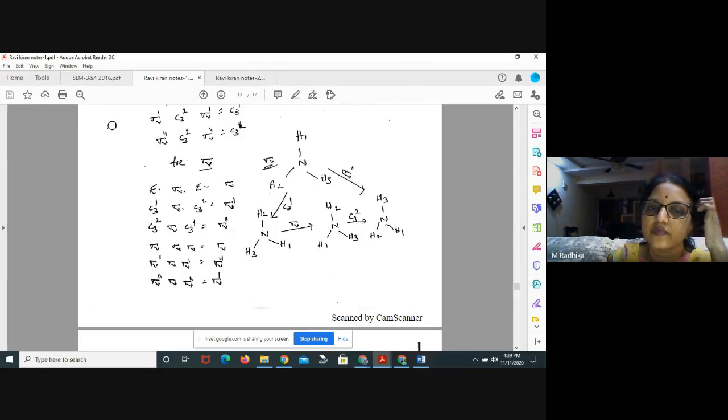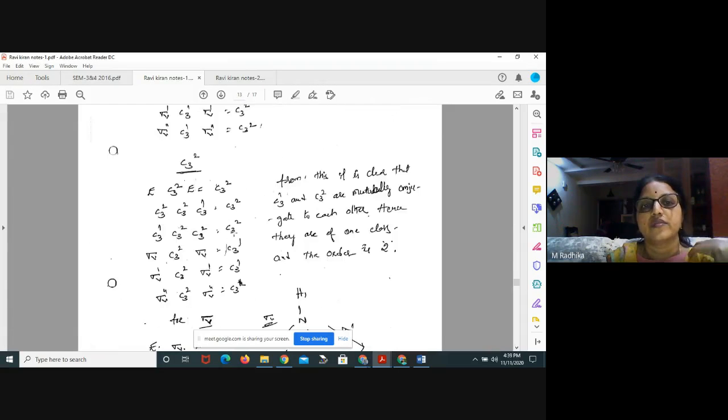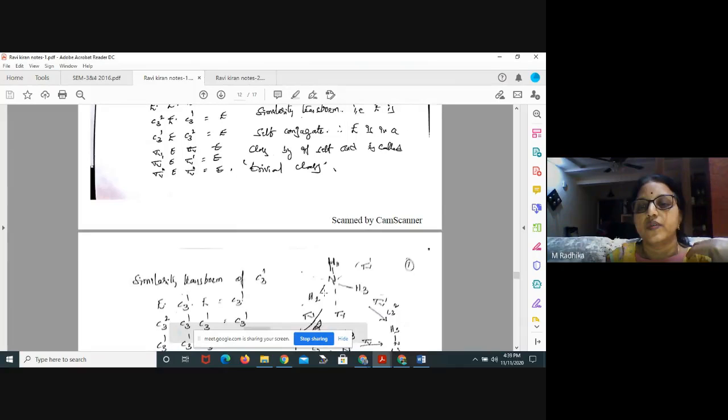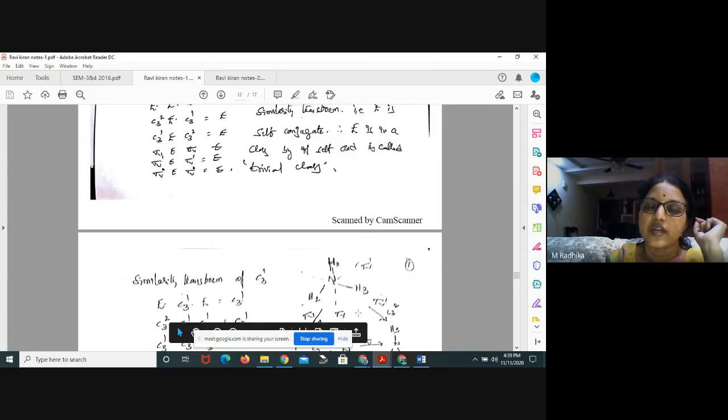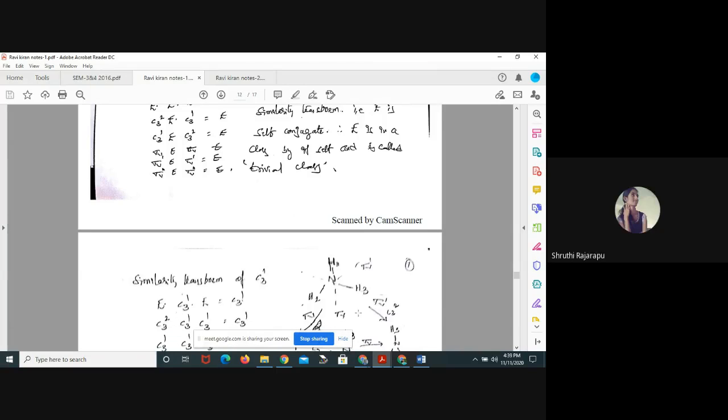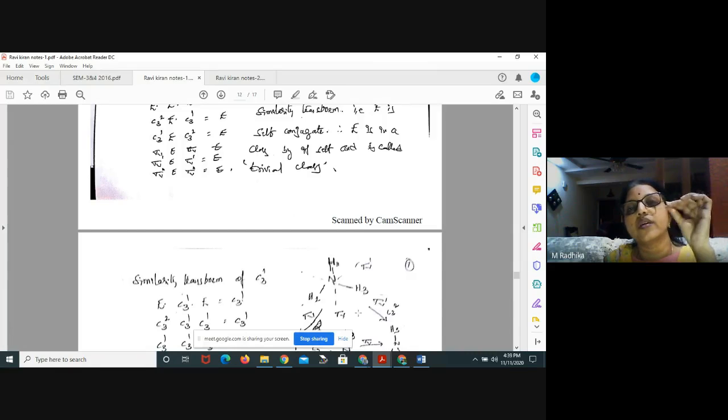Shall we talk about the classes in the next class? Yes, ma'am. So today we have done the main multiplication rules: the closure rule, inverse rule, commutative rule, associative rule, and then we tried to understand the group multiplication table and how we can write it.